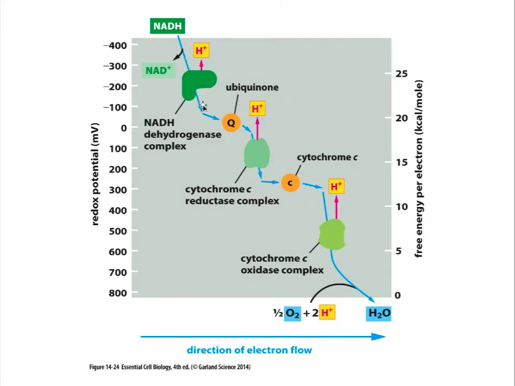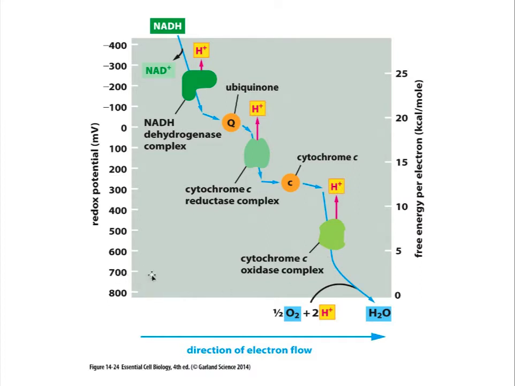So naturally your energy diminishes. Then as you're shuttled to the next complex, some of your energy is removed for the maneuver of moving back and forth, and extra energy is taken from you to move protons. Now your energy has become pretty diminished, but you still have quite a lot of energy, and that energy is used to move you across cytochrome C into cytochrome C oxidase, where a large amount of your energy is finally extracted to move more protons.